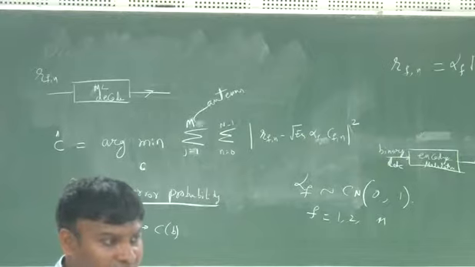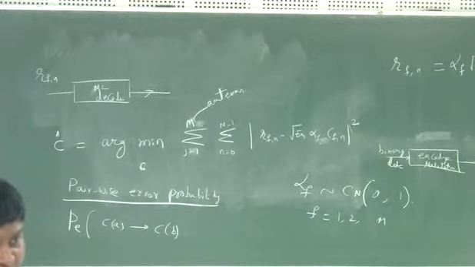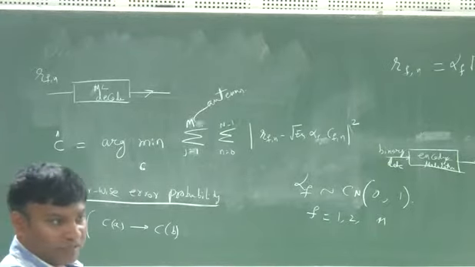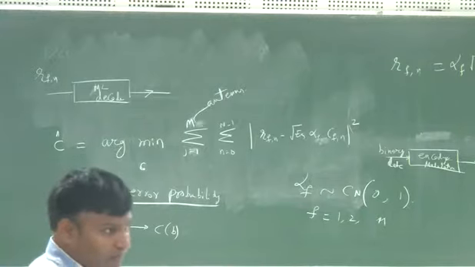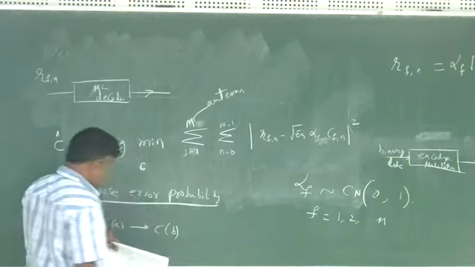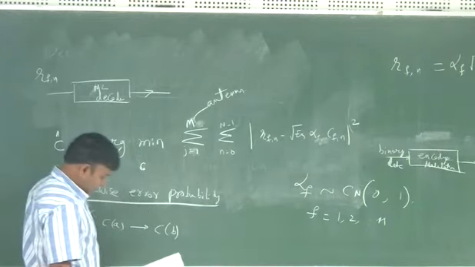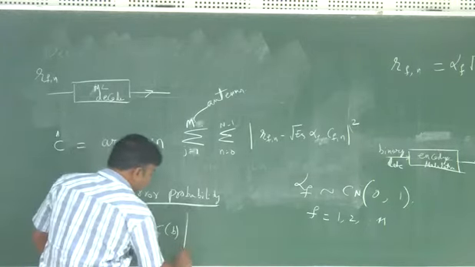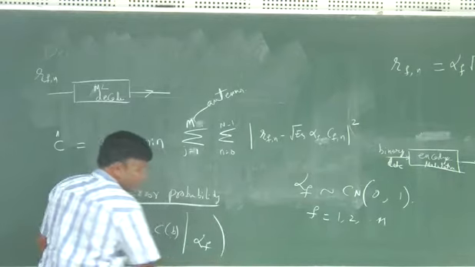If it decides in favor of +1, there's no error event. So you don't want to consider that scenario. And vice versa. You transmit -1 and you decide in favor of +1. But for the time being, we just consider two code words. You transmit C of A and decide in favor of C of B given the channel states alpha F.